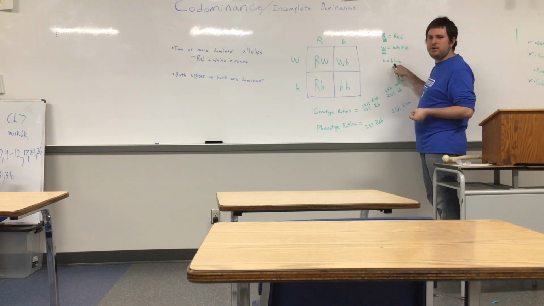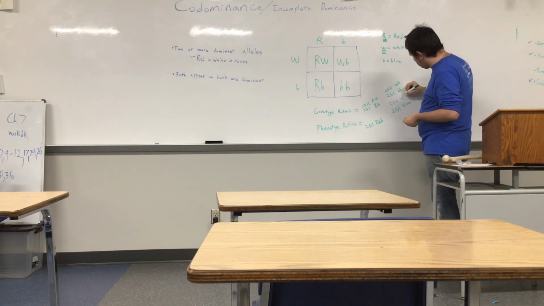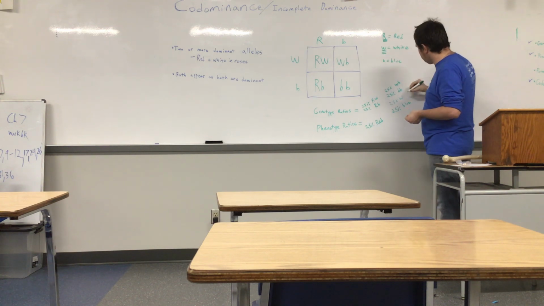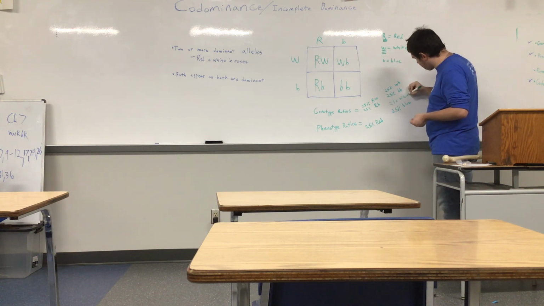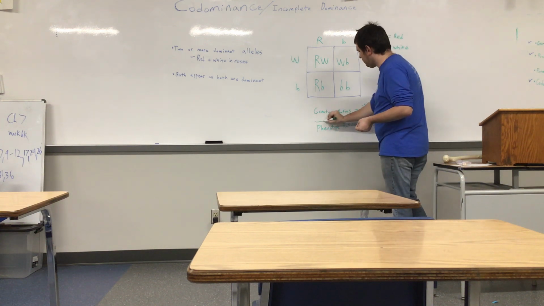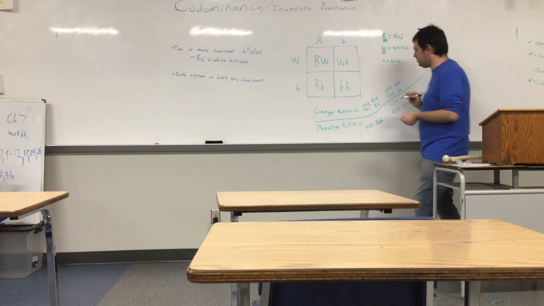It's the only way that blue can show up. 25% WB, which is white dominant over blue, which gives you the white flower. Here, I will draw a line between the genotypes and the phenotypes so you can tell what is what.